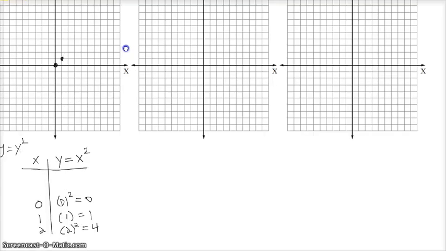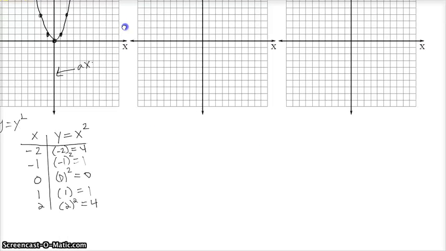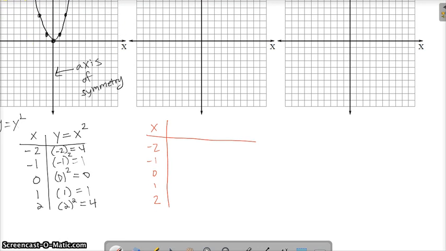So I'm going to multiply everything by 1/3. Now I have all these numbers, so I'm just going to multiply them all by 1/3. So I have 4/3, 1/3, 0, 1/3, and 4/3. So I have all those numbers, so I'm just going to graph them.